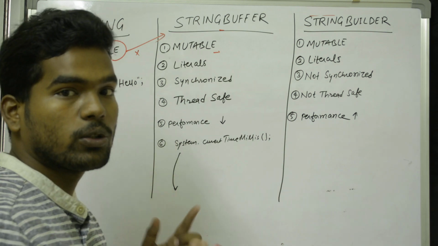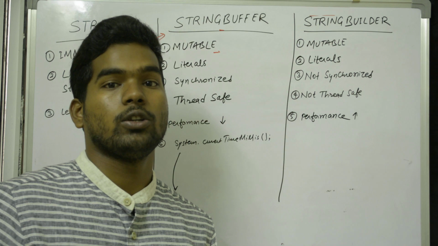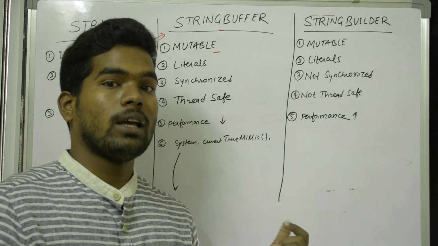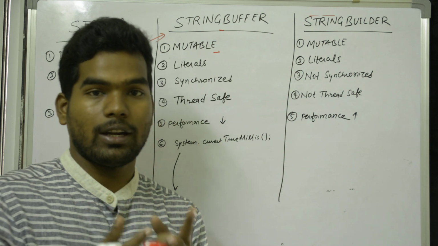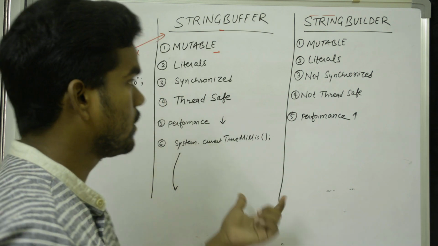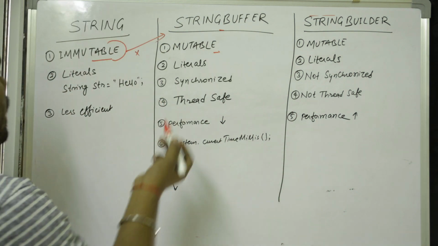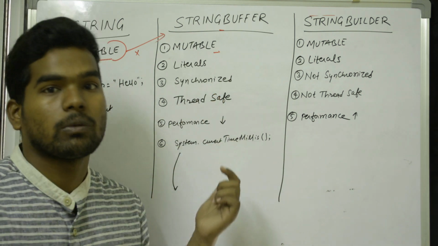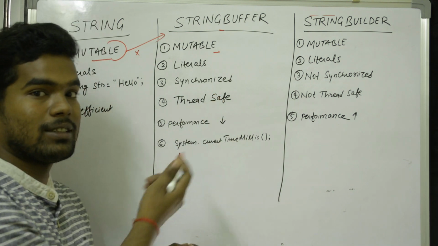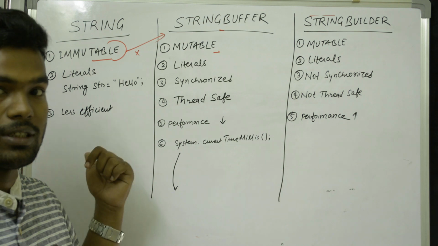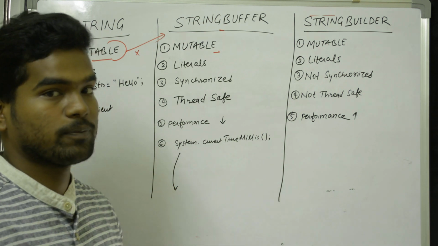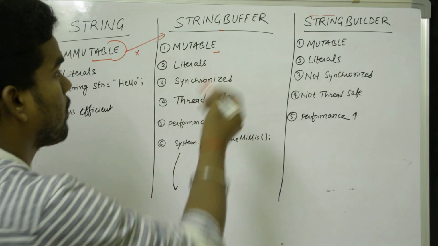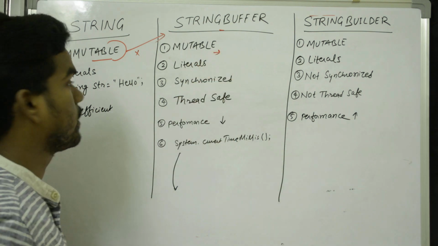You need not re-reference or recreate a new object, you just need to append, and it will be pointing to the same address it was pointing to earlier. So this is the mutability concept. We can prove whether it is mutable or not, the same way we did in earlier videos with String, by fetching the hash code of the object.